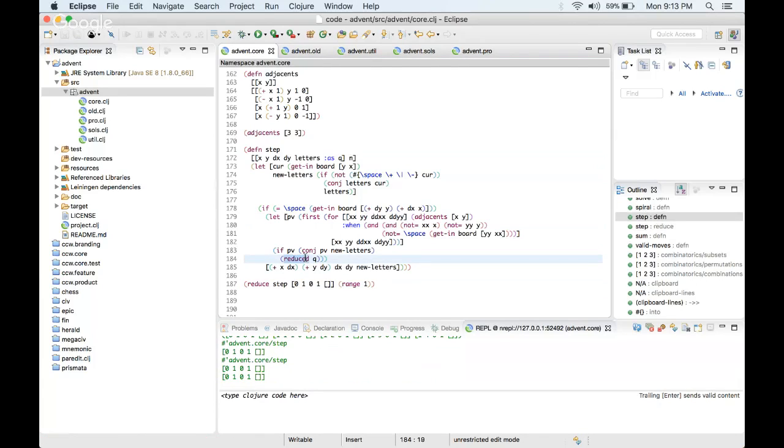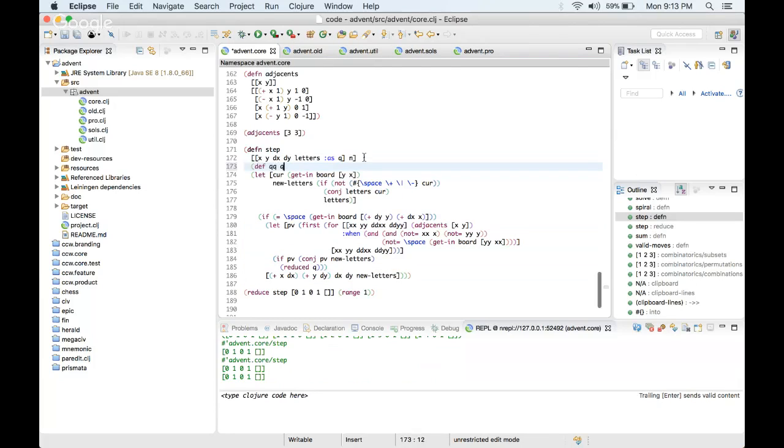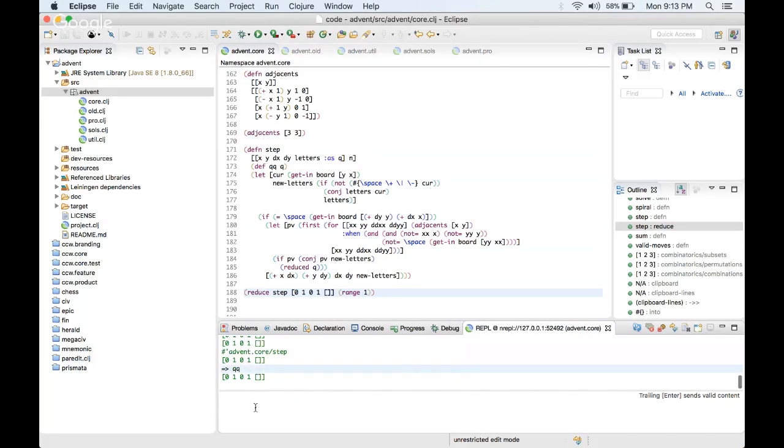Seems like it's getting into this block, but it shouldn't be because it shouldn't be a space. Okay. All right. Get in board 0. Okay, that is, wait a minute.